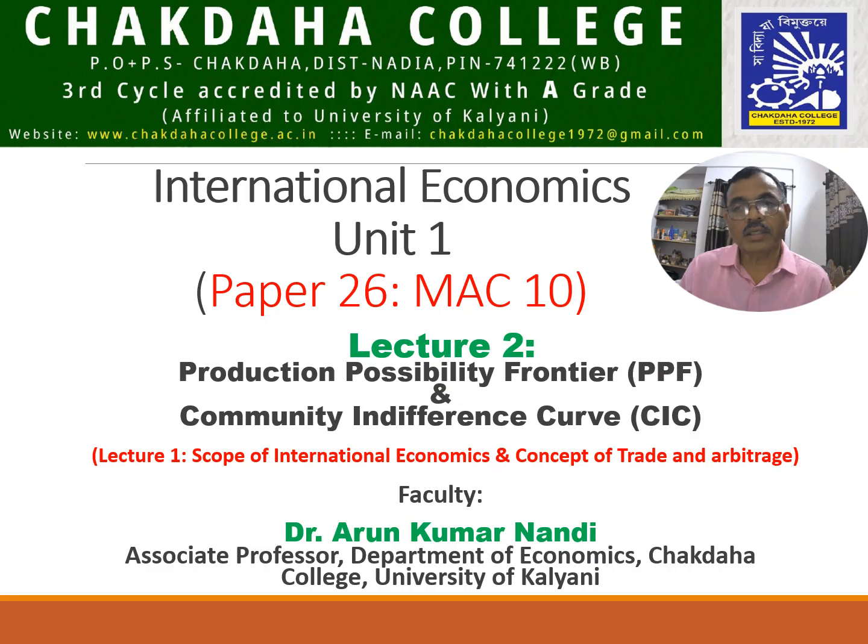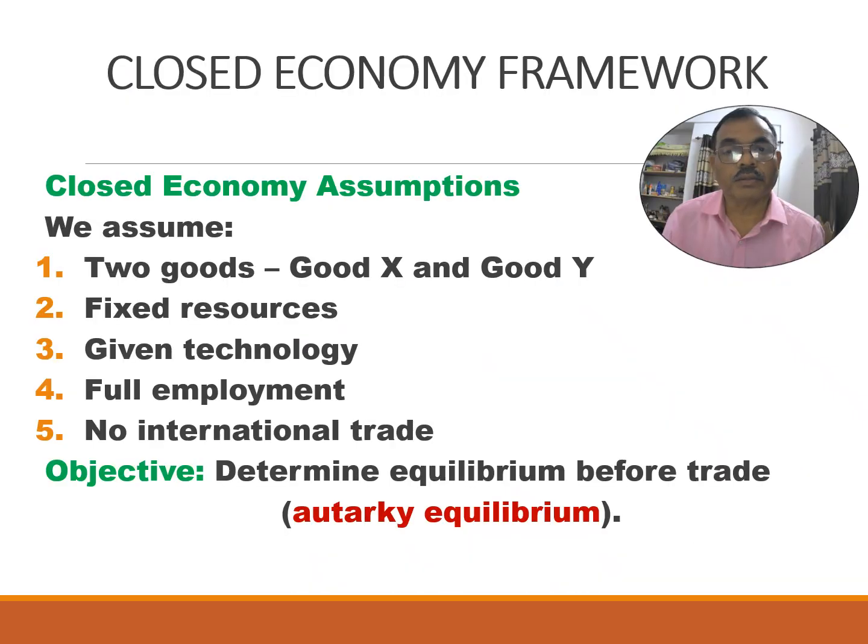To understand international trade clearly, we must first understand how an economy functions without trade, that is, in a closed economy. To simplify our analysis, we assume a closed economy.